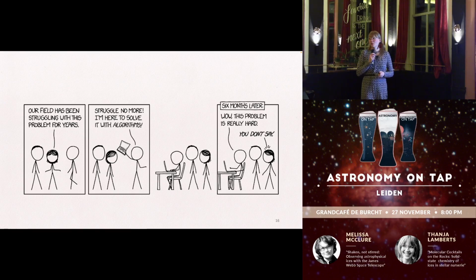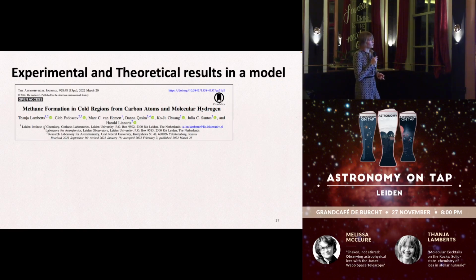So we try to solve these processes individually, one by one, computationally, and then link that to experiments, and together that can provide input for astrochemical and astrophysical models. Just to give you an example, this is a recent example from the last 2 years, where we looked at the formation of methane, starting out from carbon atoms and molecular hydrogen, H2.